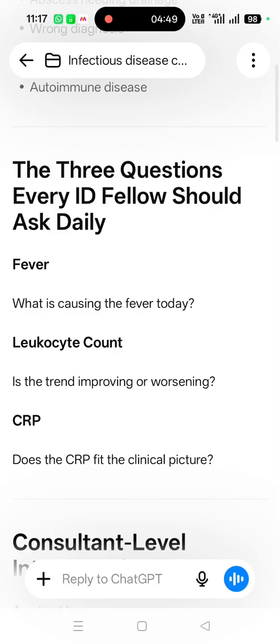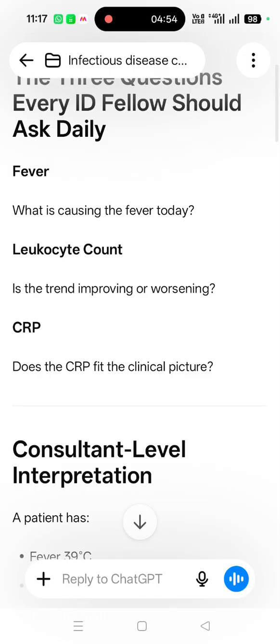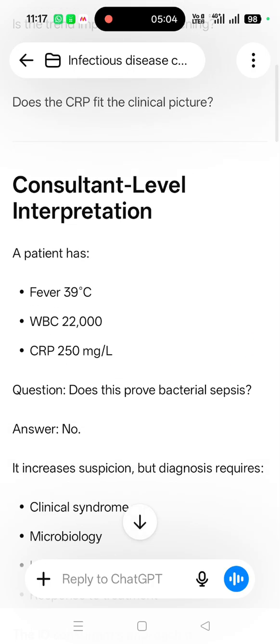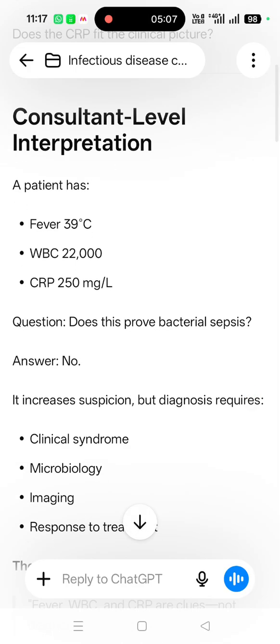Is the trend of leukocyte count improving or worsening? Or does the CRP fit in the clinical picture? So consultant level interpretation: a patient has 39 degrees centigrade, WBC 22,000, CRP 250 milligram per liter. So does this prove bacterial sepsis?